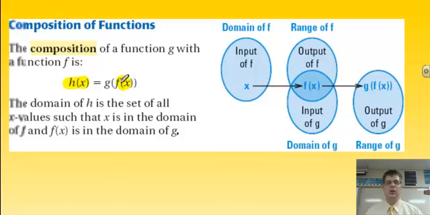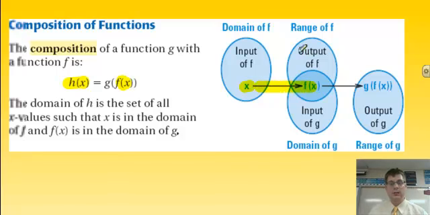Okay, so it has a statement: the domain of h is set to all of the x values such that x is in the domain of f and f of x is in the domain of g. Basically what all that means is simply that the domain of f, that's your x, so you plug a number x into your f function, and you get a resulting number.